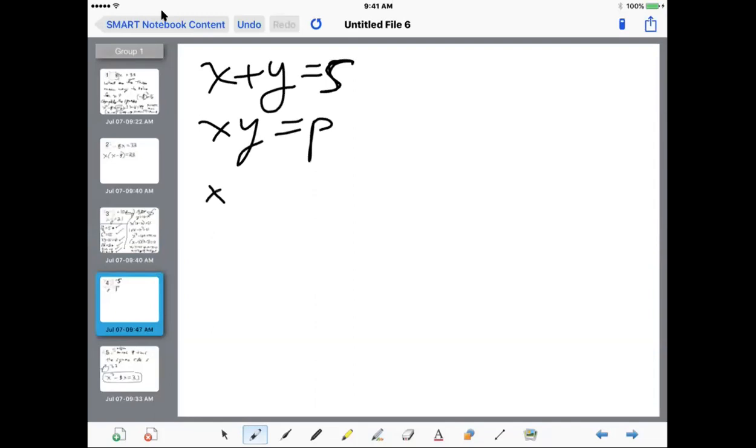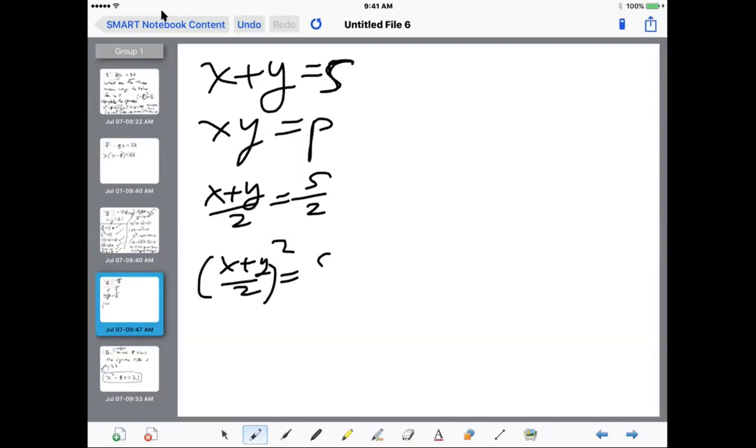So (x plus y) over 2, that's our first step. Then we square that. Then we subtract the product from that.